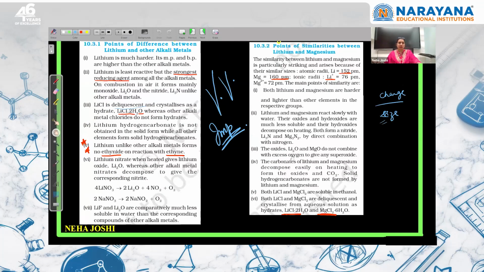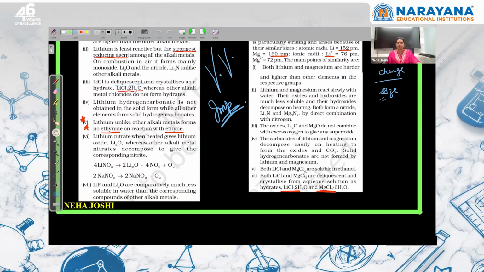Okay? Coming to its similarity with magnesium. Yes, both of them form nitrides. Oxides of both cannot form superoxide and peroxide. Carbonates release CO2. LiCl, MgCl2 both are soluble in ethanol.